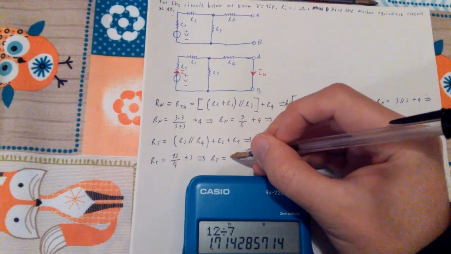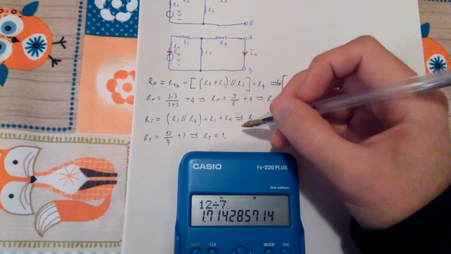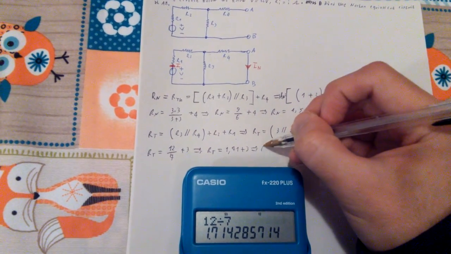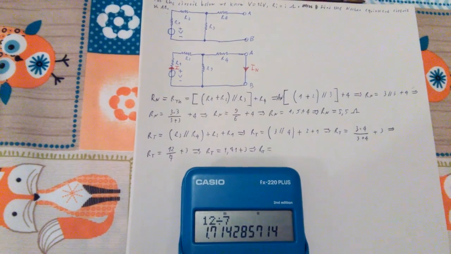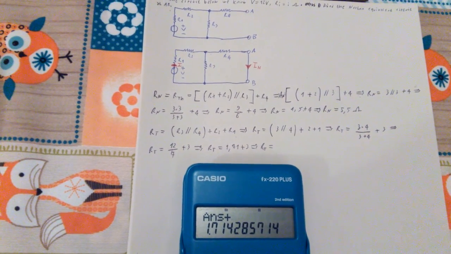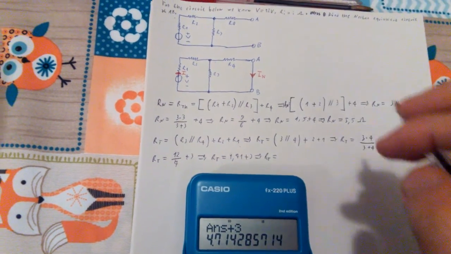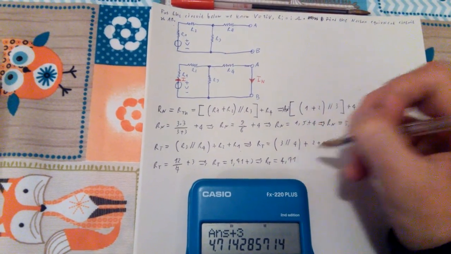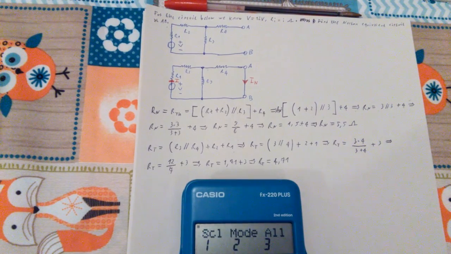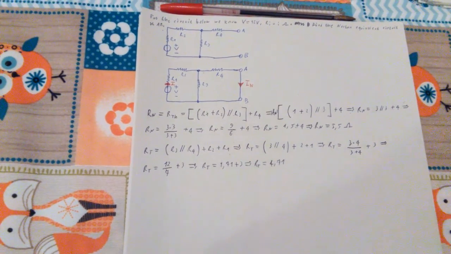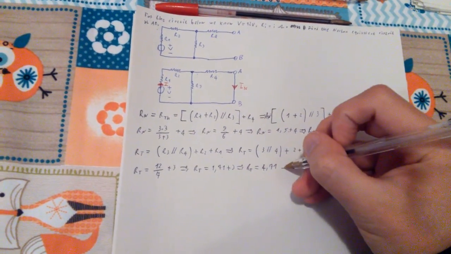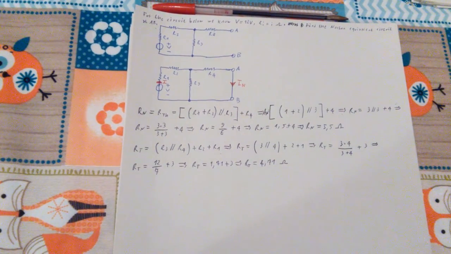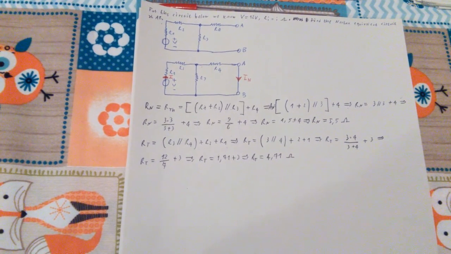So I will just go with 1.71 plus 3, which is going to give me 4.71. There we go. So 4.71 ohms is the total resistance.